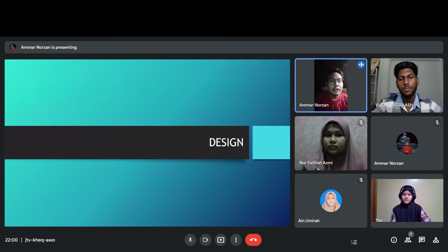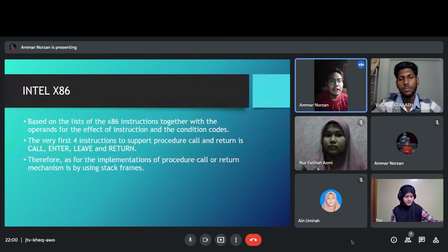Next, I will be talking about the design of X86 and the design of ARM operation types. So for the Intel X86, it is based on the list of X86 instructions together with the operands, the effect of the instruction, and the condition code. The first four instructions support procedure call and return: call, enter, leave, and return.